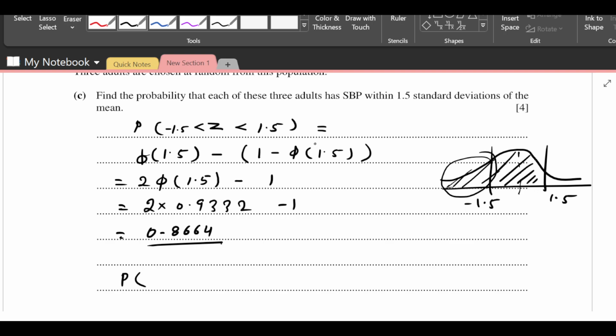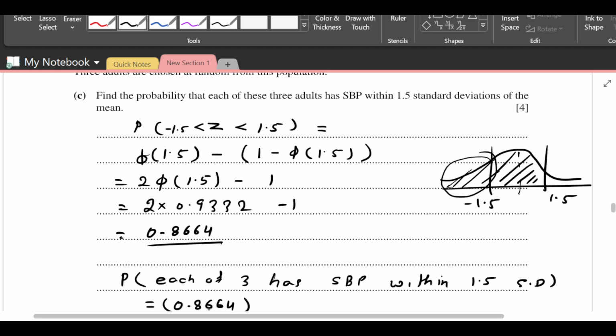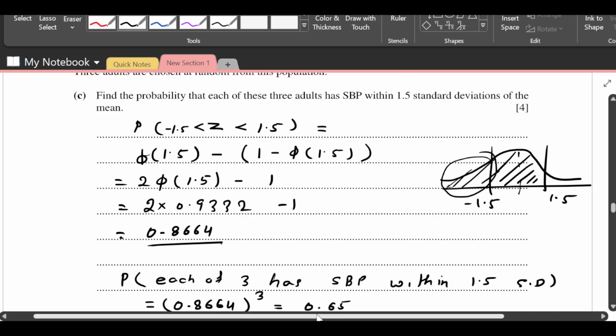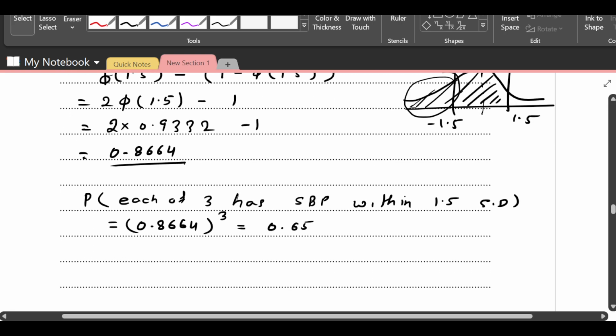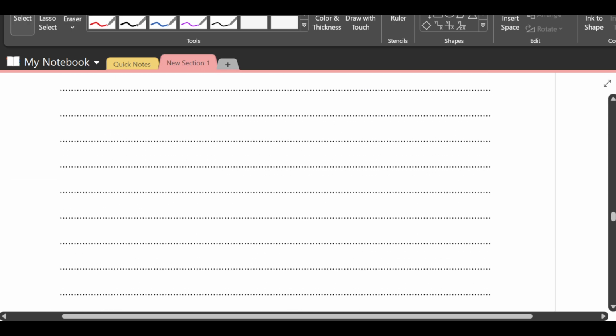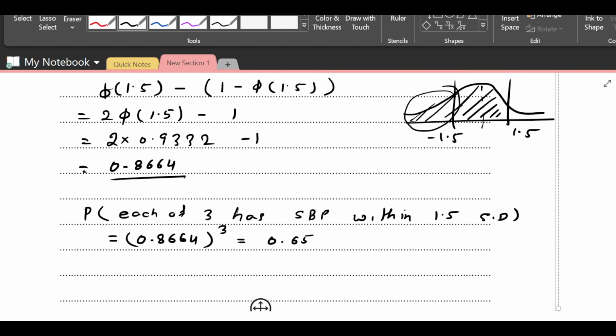So 3 are chosen and all 3 have it. For the first person it is 0.8664, for the second person it is the same, and for the third also it is the same, so I will multiply: 0.8664 to the power 3, and I will get 0.65. So 0.65 is the required answer. Done.